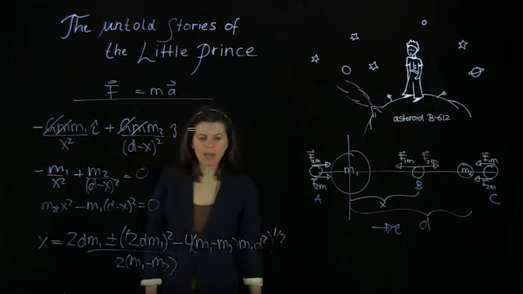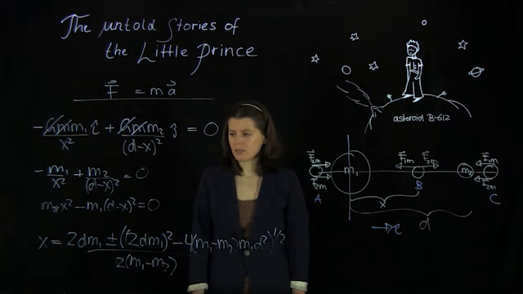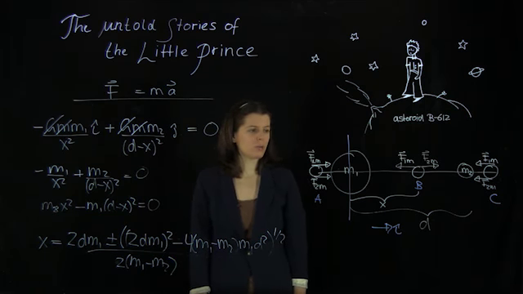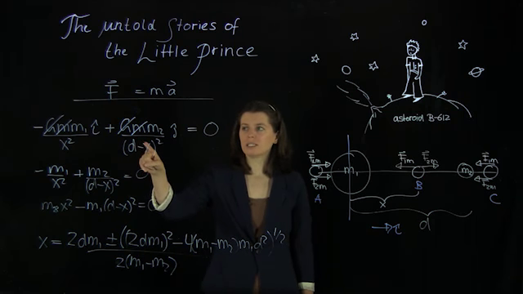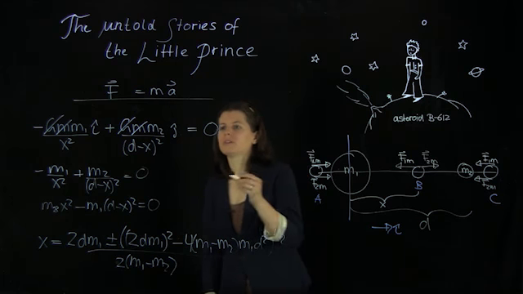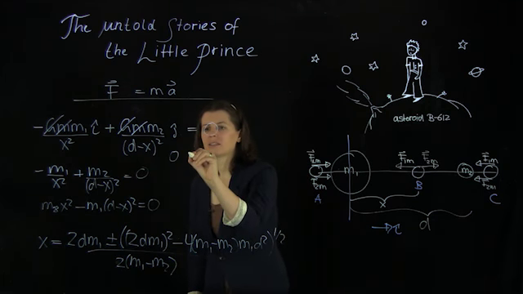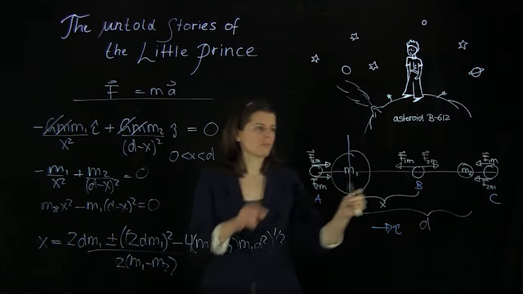So we have this quadratic equation here, well, the solution, and we now need to consider one more thing, namely this equation here is only valid if x is between 0 and d, right?